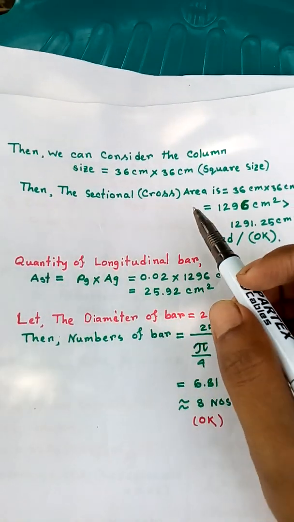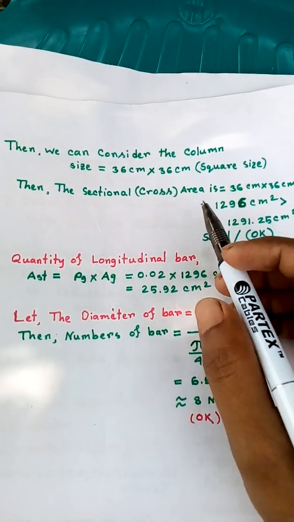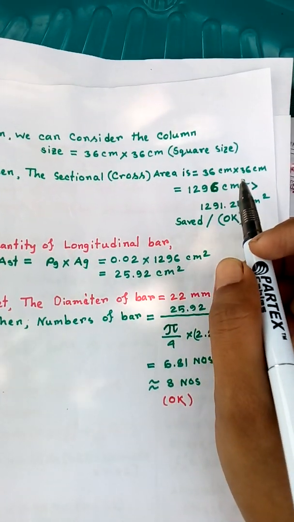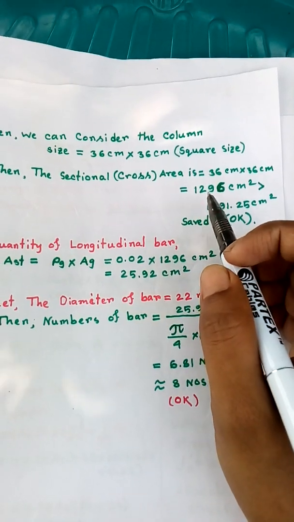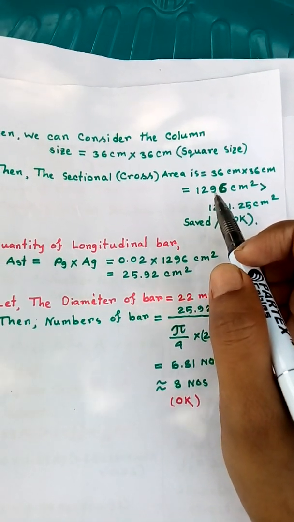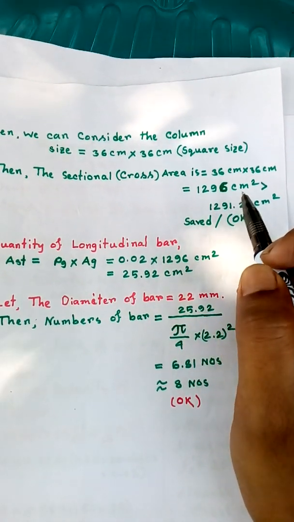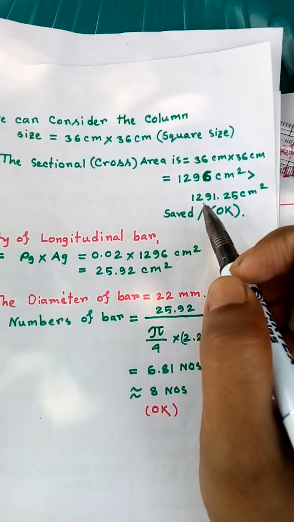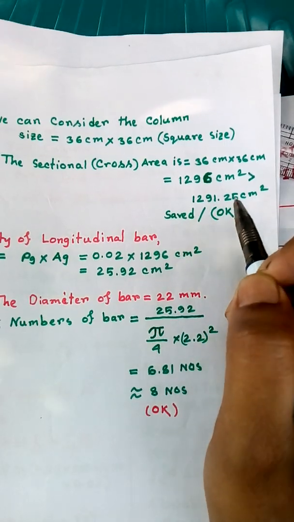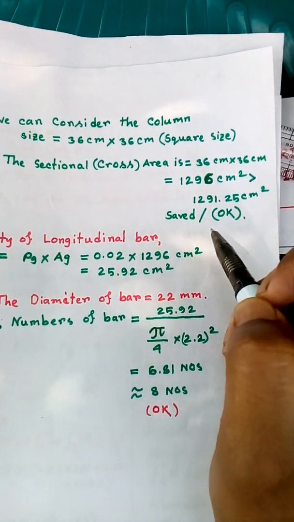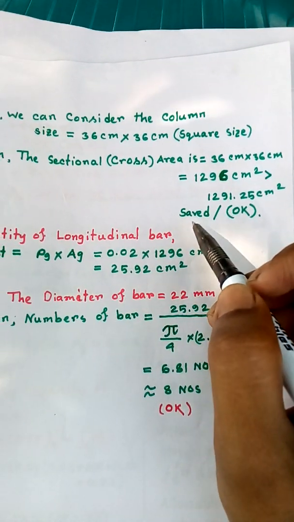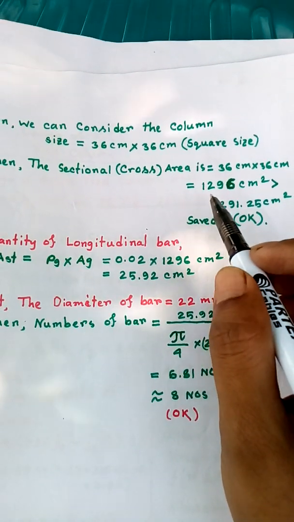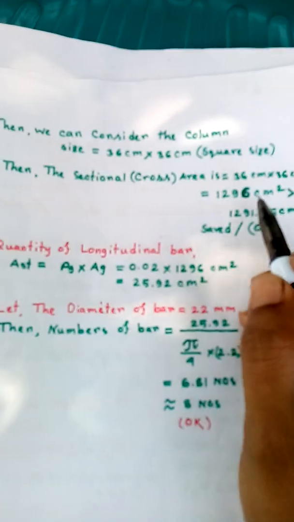Then the cross sectional area of the column is 36 into 36, 1296 square centimeter, which is greater than 1291.25 square centimeter. Then this value is safe.